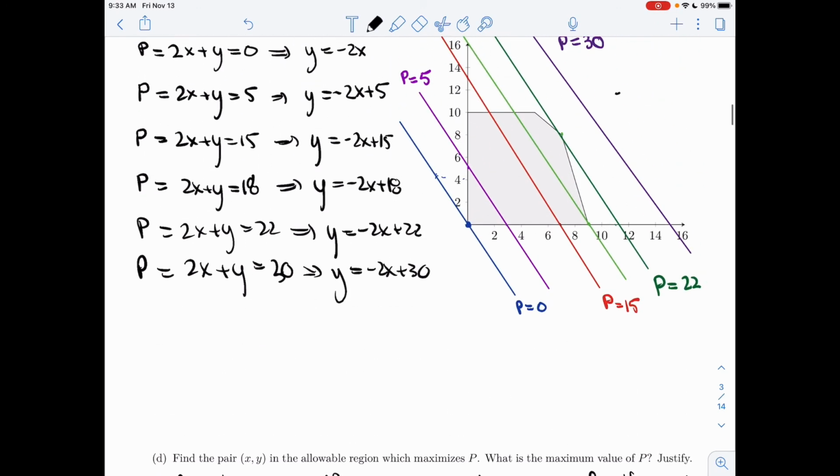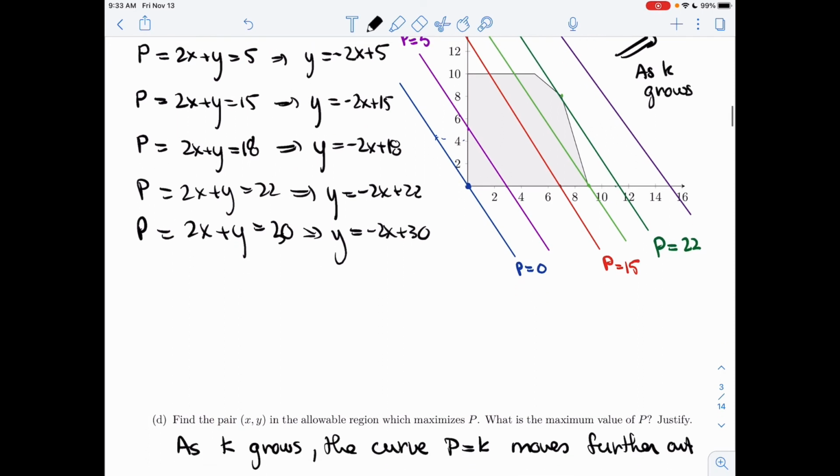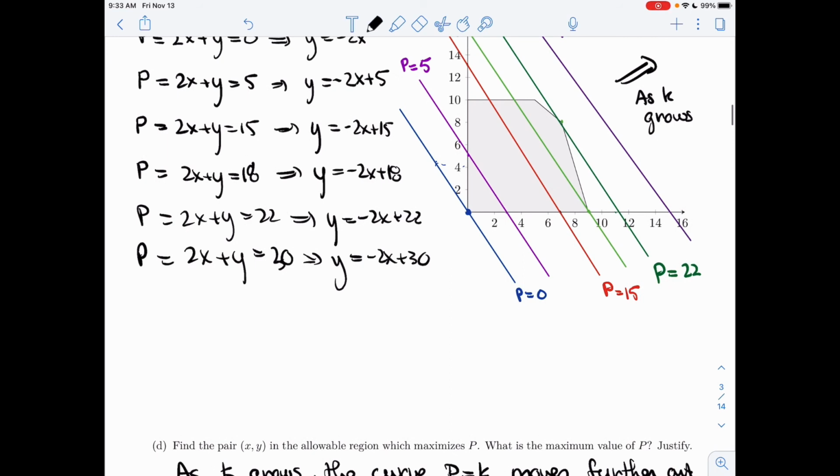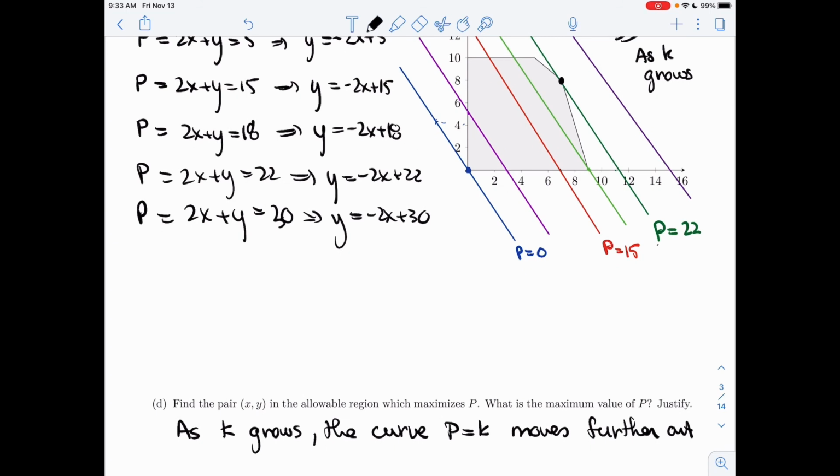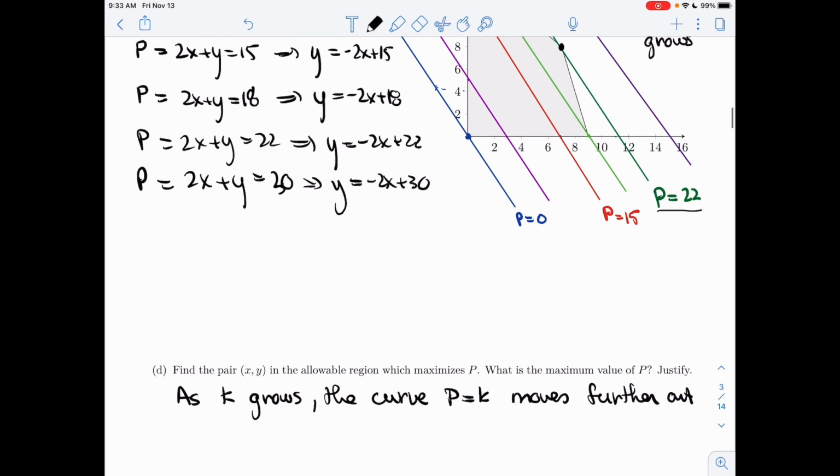So as k grows, we move that way. And so what we're looking for is the last k that touches the region. You can see it happens right here. As I move further out, the last curve that touches the region will be p equals 22, and it's going to happen at that point.